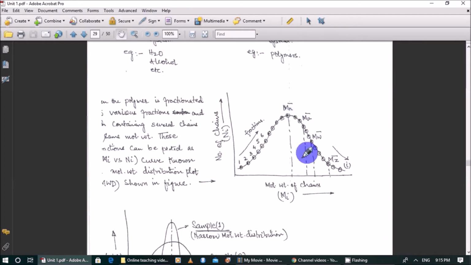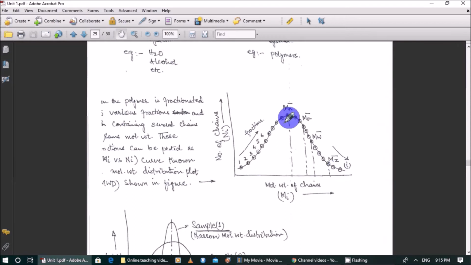But if we further increase the molecular weight on the x-axis, we will see that the number of chains for higher molecular weight polymer chains is getting smaller. So the curve starts falling, and as we keep increasing the molecular weight further, the number of chains keeps decreasing.